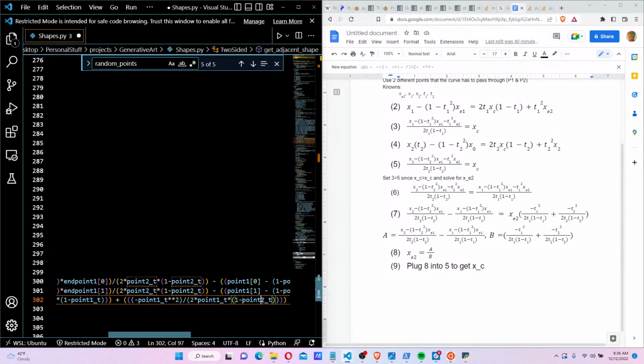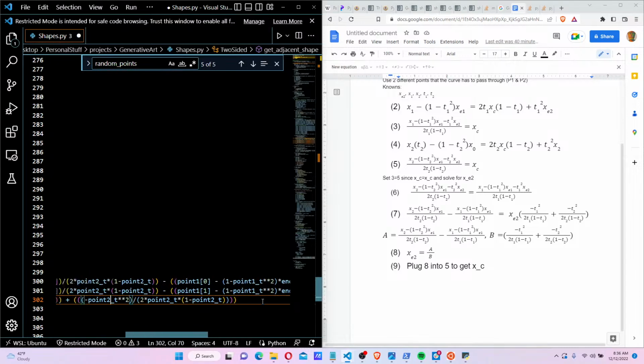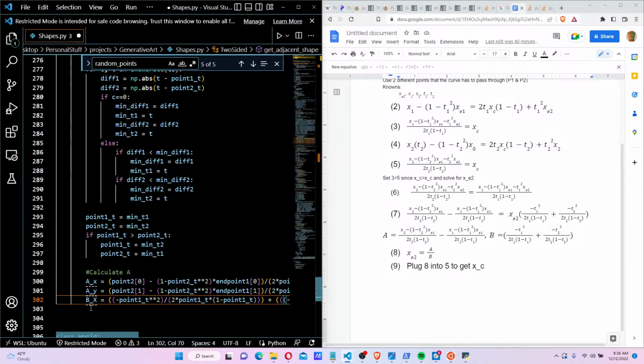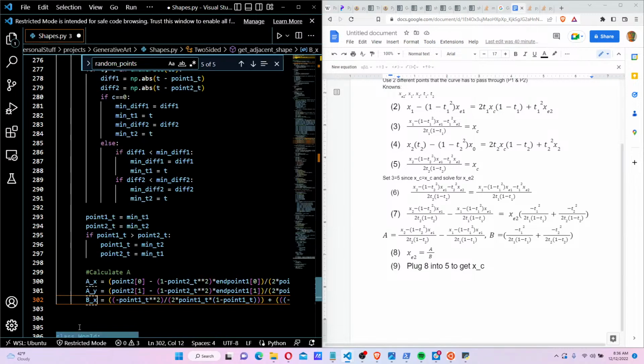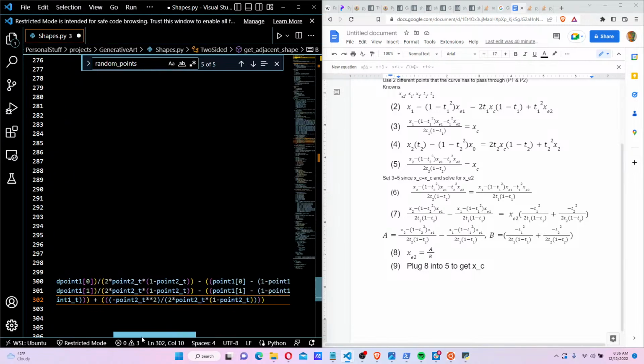So 0.2t, 0.2t, 0.2t, so that's b sub x. Don't even need to make it x because there's no x terms involved, so that's just b.